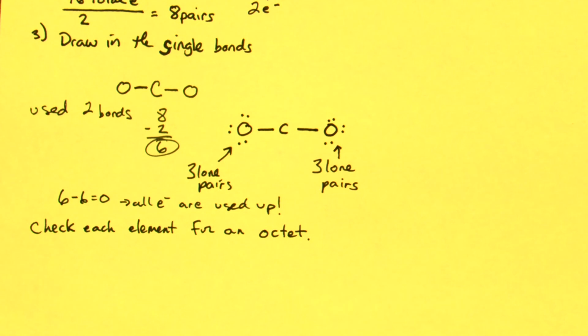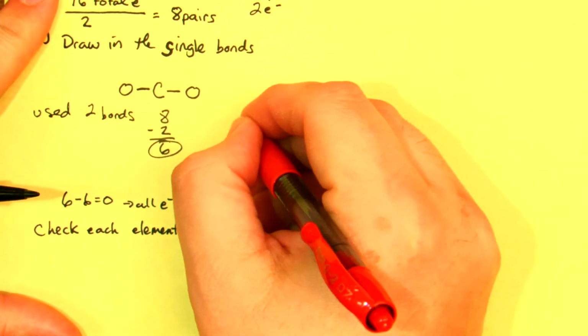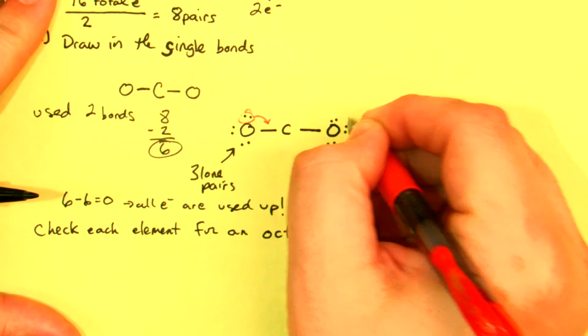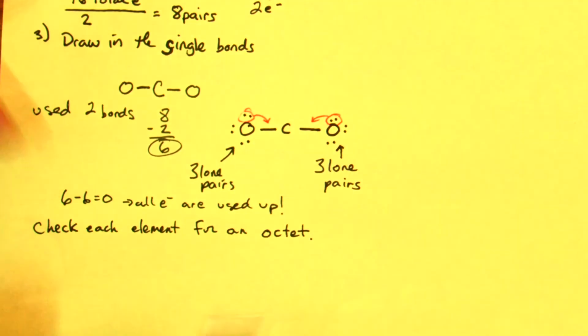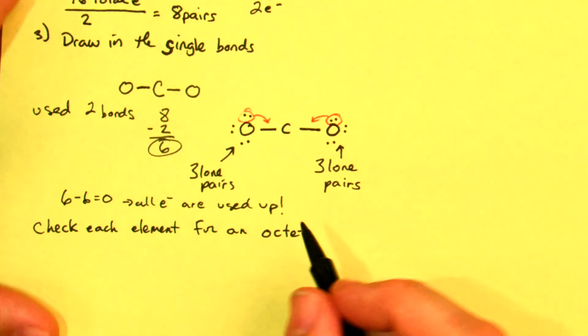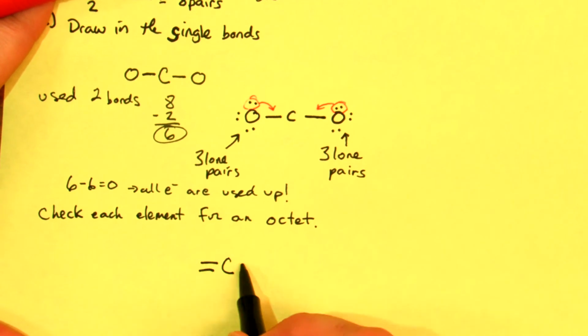So what we're going to do is, we're going to take a pair from each one, and we're going to make another bond. So we're going to take the carbon, and now it's going to be a double bond to oxygen.